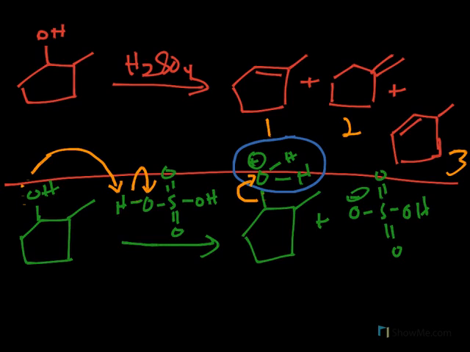And so that's the next thing that's going to happen in this mechanism: you're going to form water plus the formation of a carbocation right there, which is really, really important.